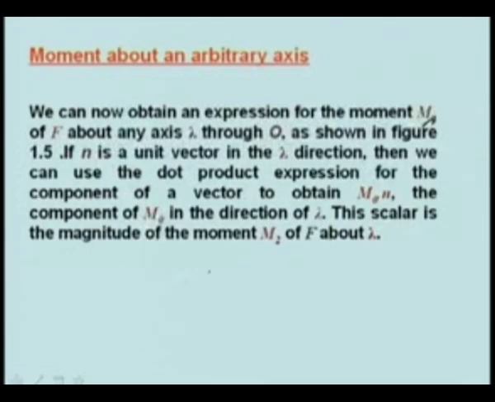So, if n is a unit vector in the lambda direction, then we can use the dot product expression for the component of a vector to obtain M0 dot n.